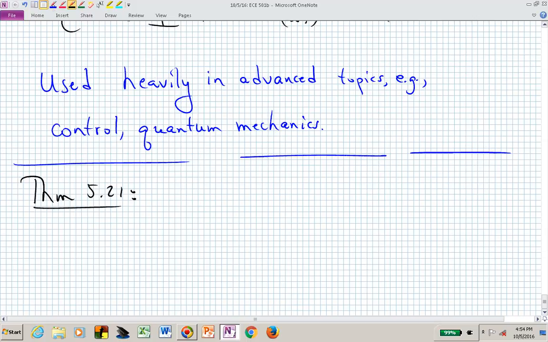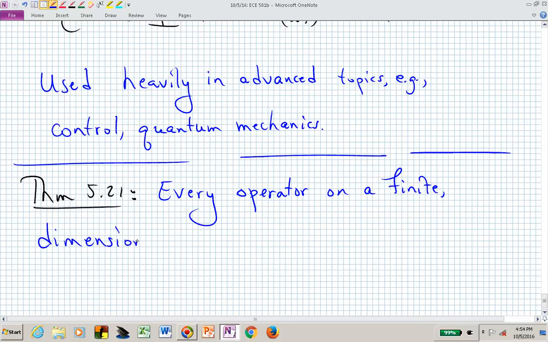And that says that every operator T, that's an element of L of V, every operator on a finite dimensional, and the next word is critical, complex vector space.